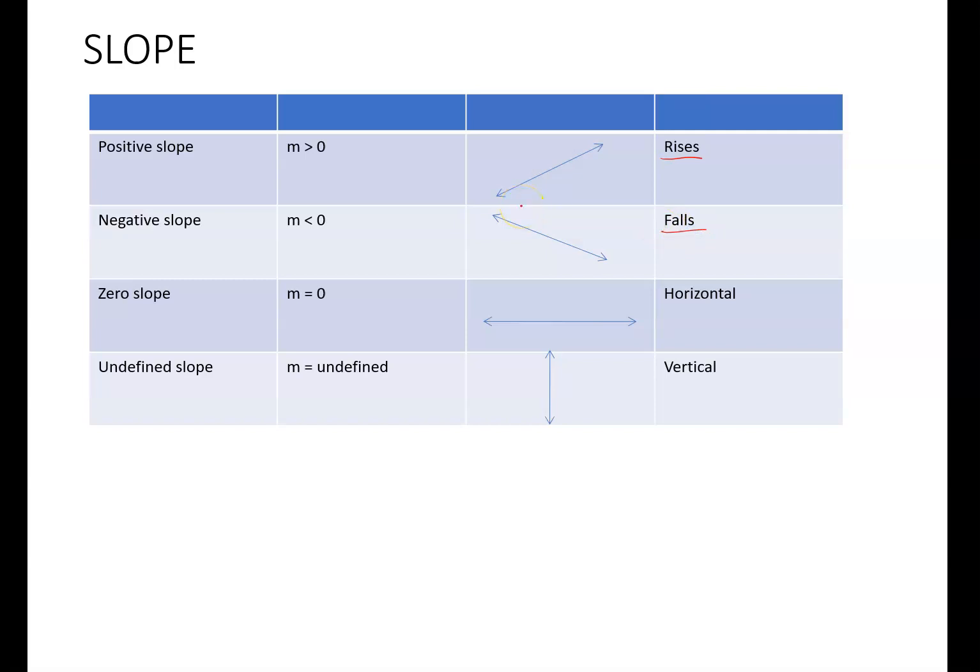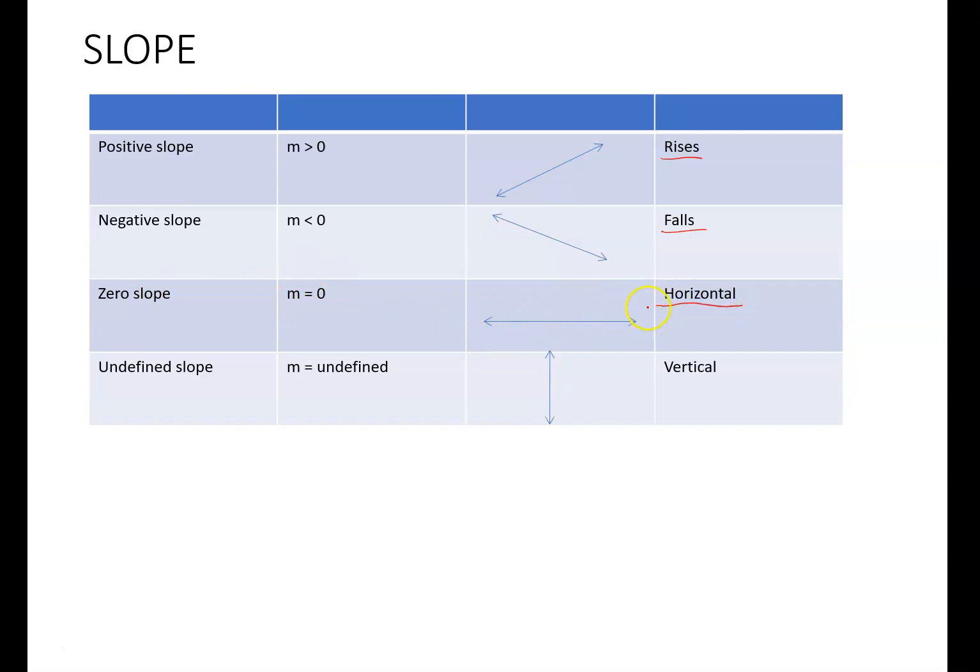We're only looking at graphs of lines in this section. So look at this line here on the second row. From left to right, it goes down. That means it falls. And it will do that anytime the slope is negative. Okay, the third row. If the slope is 0, m equals 0, the line will be horizontal.